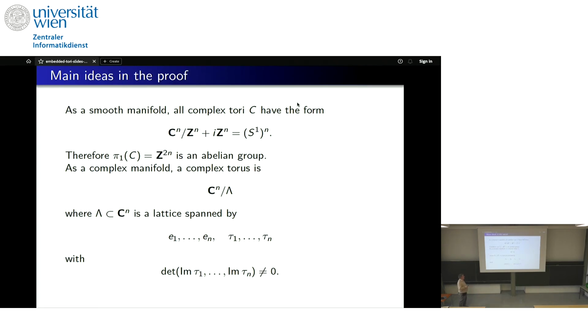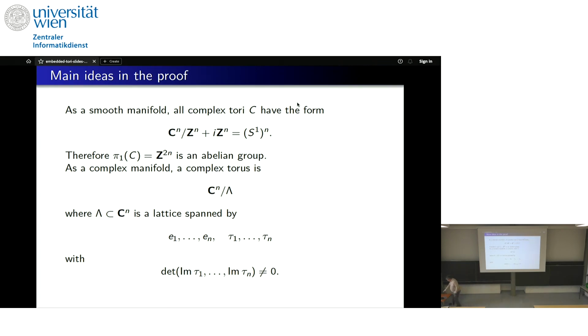First of all, how we define the torus. The torus we are playing with is C^n quotiented by a lattice generated by 2n vectors. n of them are the unit vectors of C^n, and the other ones, tau_1 to tau_n, must satisfy some condition.